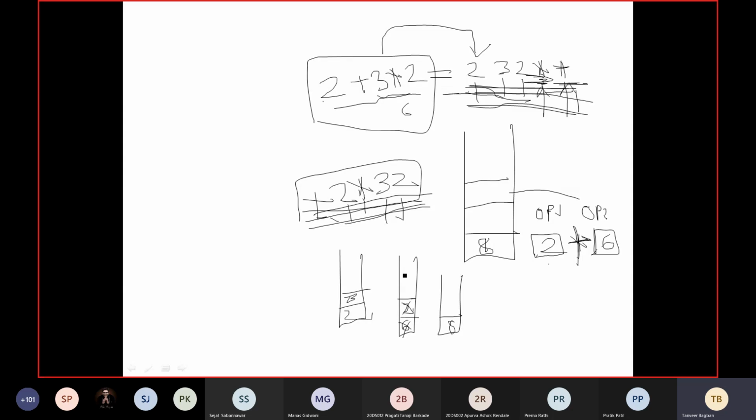Now let us see how to convert from infix to postfix. How to convert infix to postfix using stack. So there also stack is used. Now for example, see here, this is an expression: 3 plus, in bracket, 2 multiply 8. Now you want to convert this expression into postfix expression.